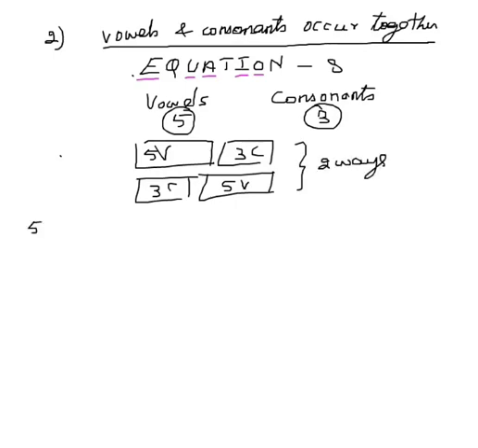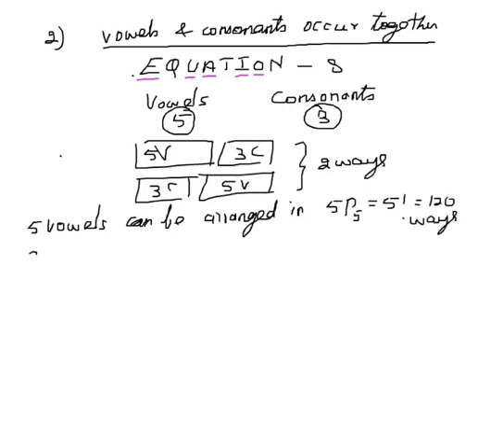So 5 vowels can be arranged in 5P5 ways, which is 5 factorial, 120 ways, and 3 consonants can be arranged in 3P3, which is 3 factorial. 3 factorial is 6.